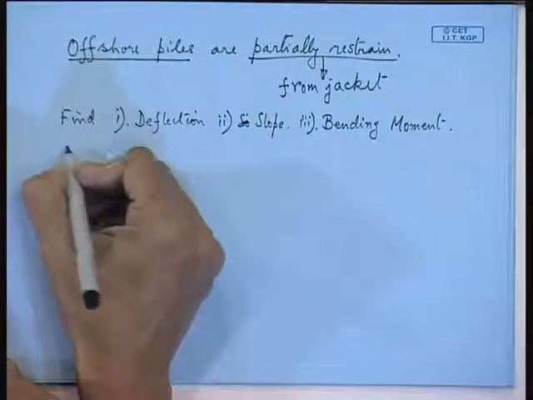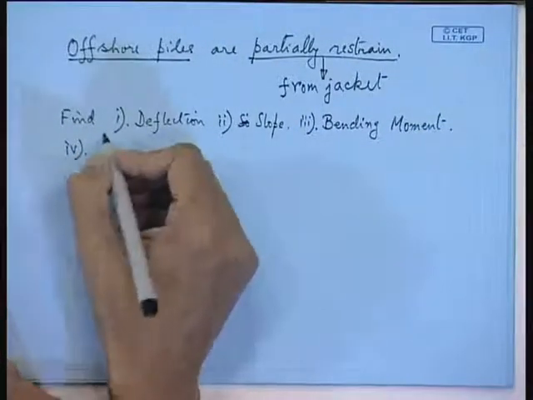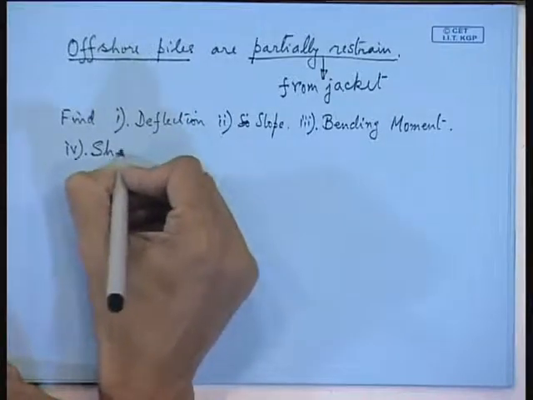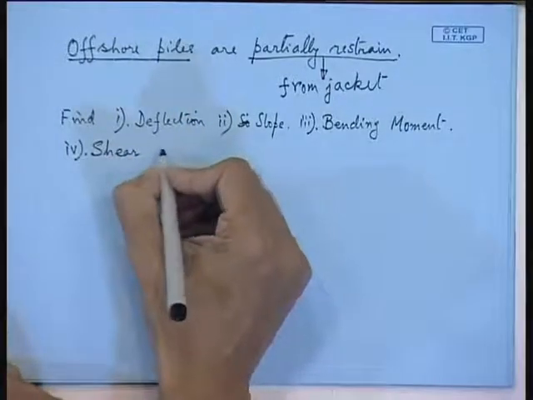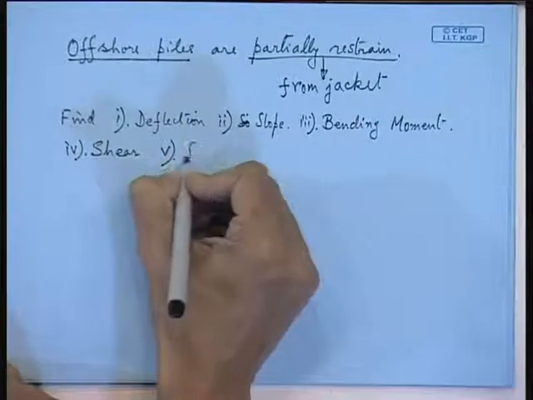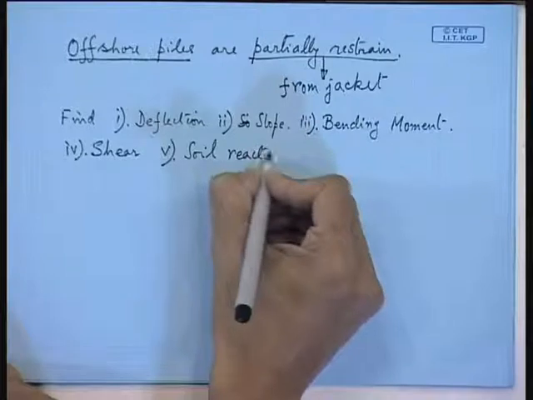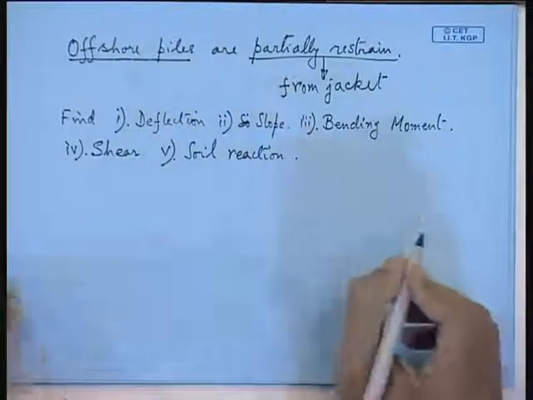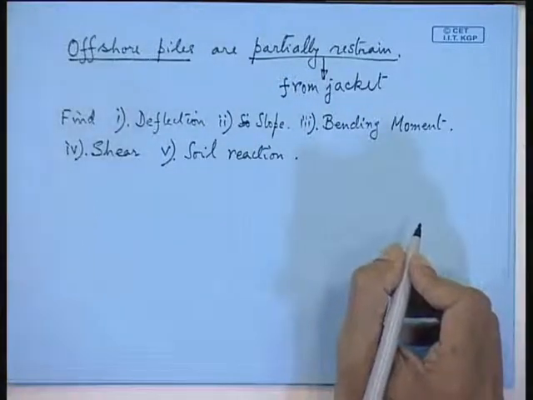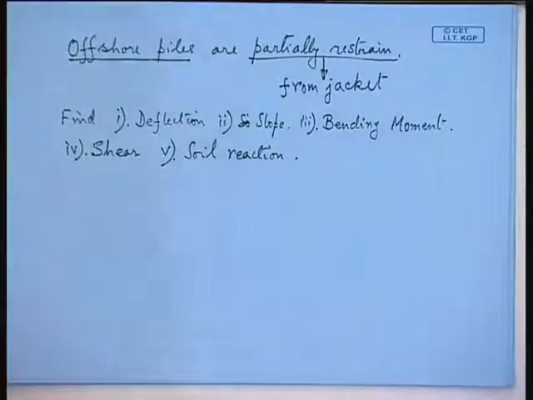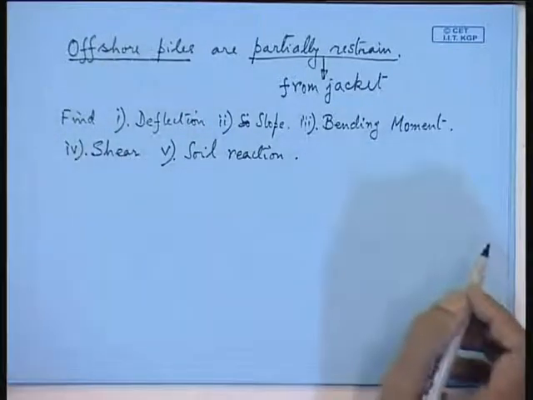Then calculate shear, soil reaction. Now, this method has been devised by a person called Reese and Matlock, and there are a number of solutions to the equation. The one that we are going to study is the non-dimensional method.